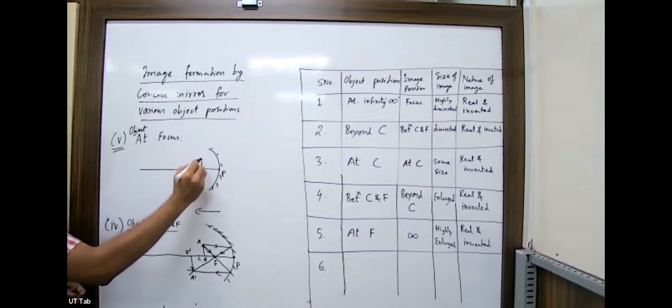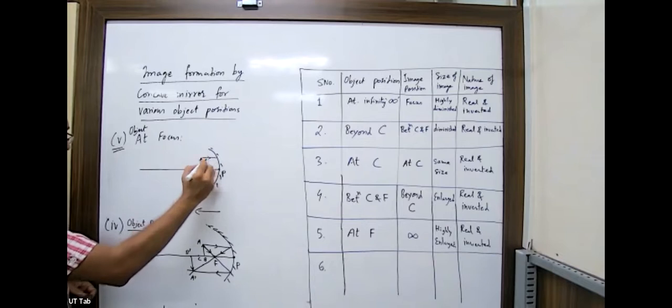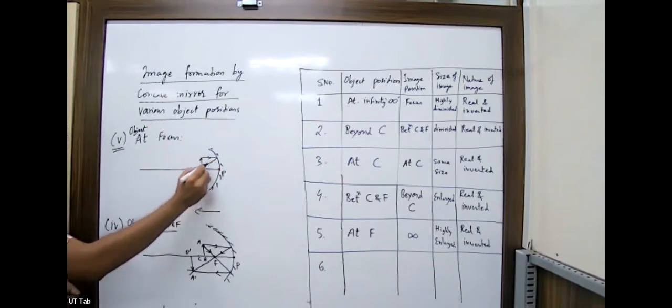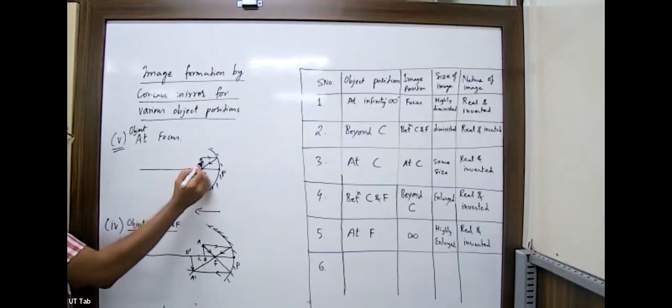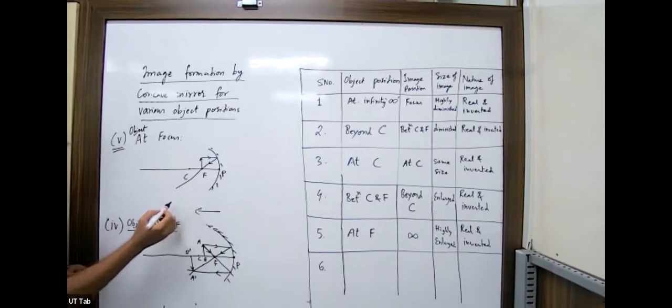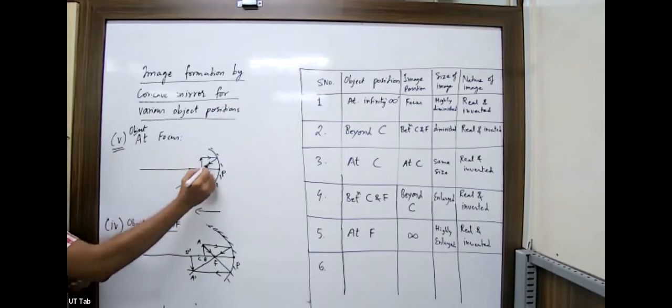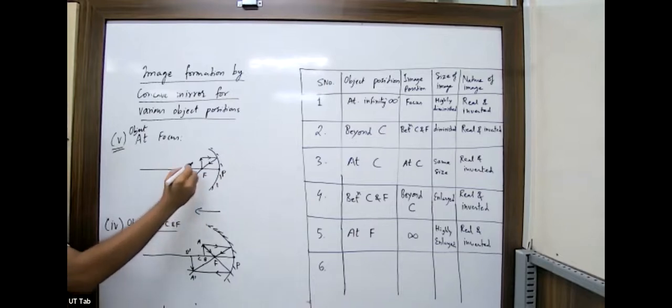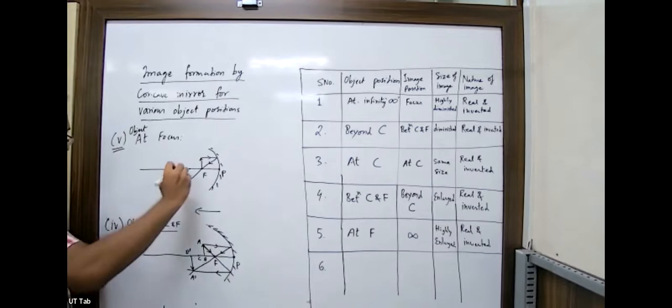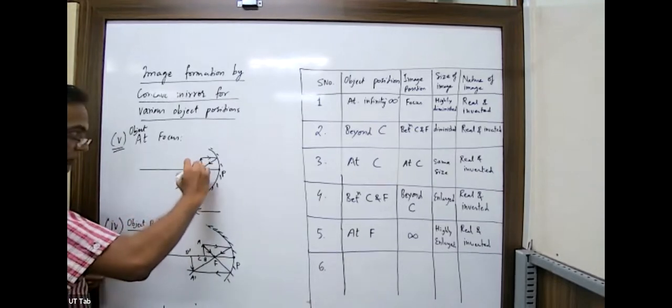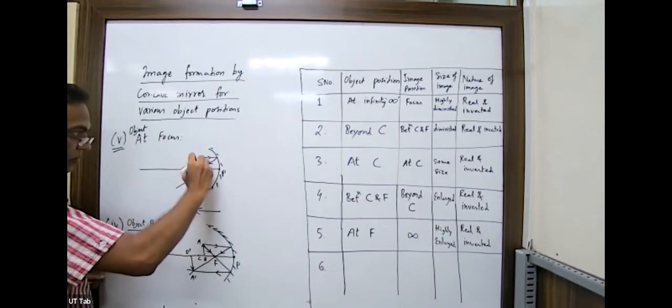I'm keeping it here. One is parallel to principal axis and it goes. Other way, I can take either incident at pole and then it will be reflected at equal angle, or I can take it along the center of curvature. Whenever I take a ray along center of curvature, first draw it through a dotted line.